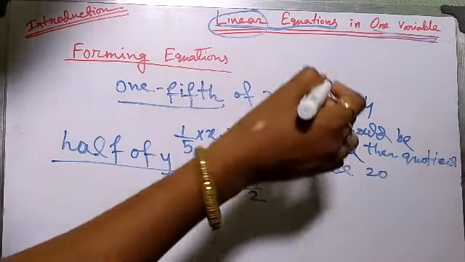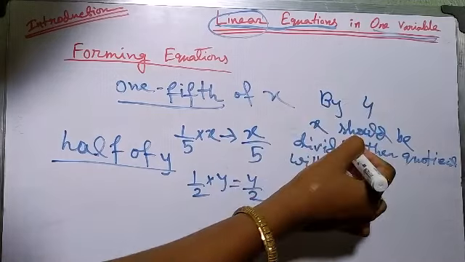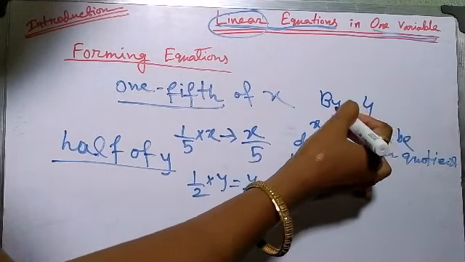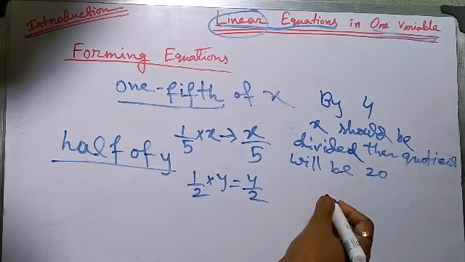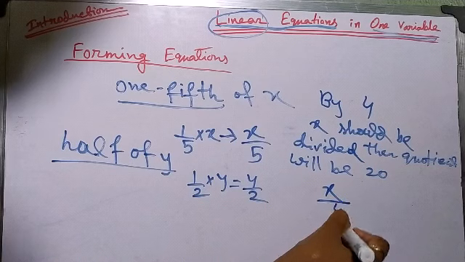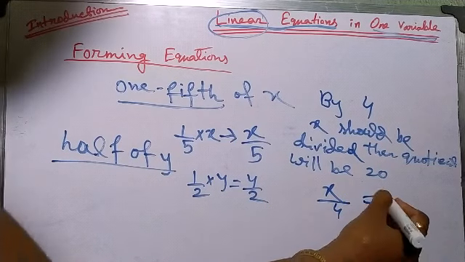Then what will be this equation? By 4, x should be divided. By 4 means 4 is the divisor. x is the dividend. 4 is the divisor. Then the quotient will be 20.